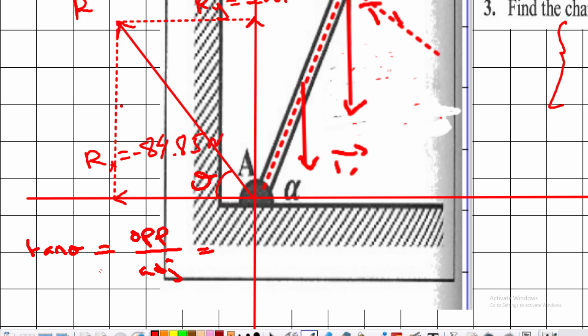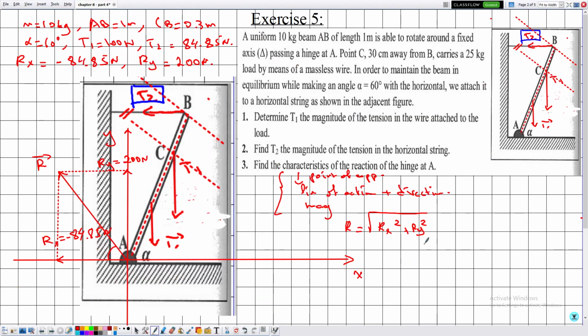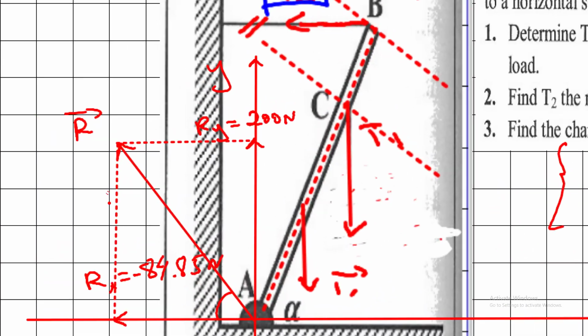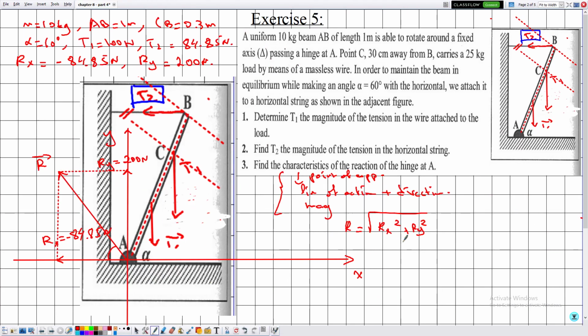Now the opposite is this one, which is the value of Ry, which is given by 200, and the adjacent, don't worry about the minus sign, we'll take the positive, which is given by 84.85. You can calculate the value of this angle, then shift tangent will obtain the value of theta. But now don't worry about it. But the line of action is oblique, the direction upward to the left. As for the magnitude, it can be calculated like this.